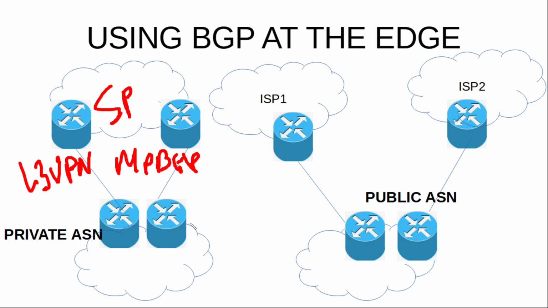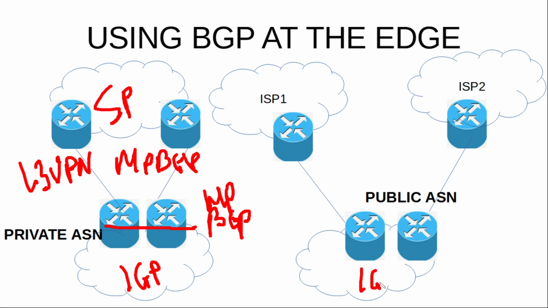You will be configuring BGP at your border with the service provider, and this will be actually multi-protocol BGP, and then you will be configuring EIGRP or OSPF or whatever IGP within your core network.